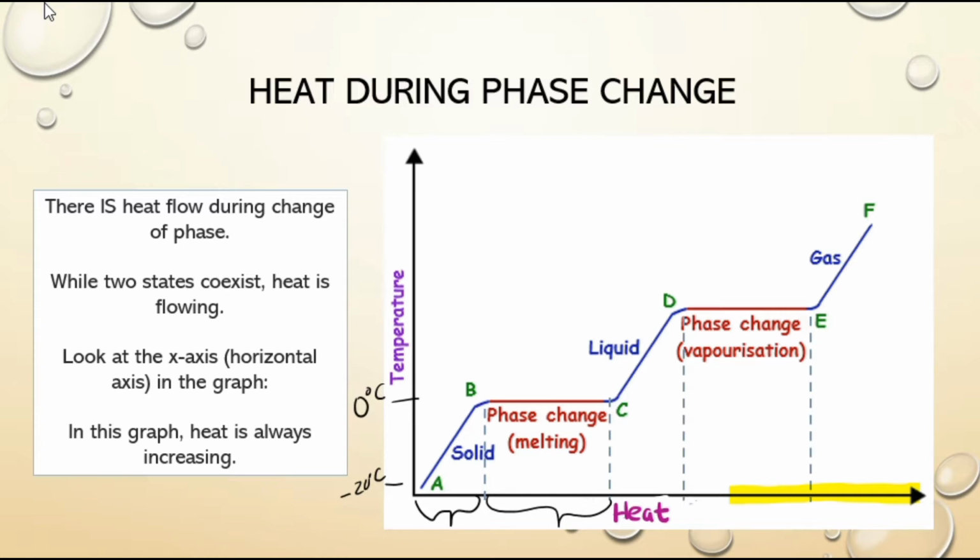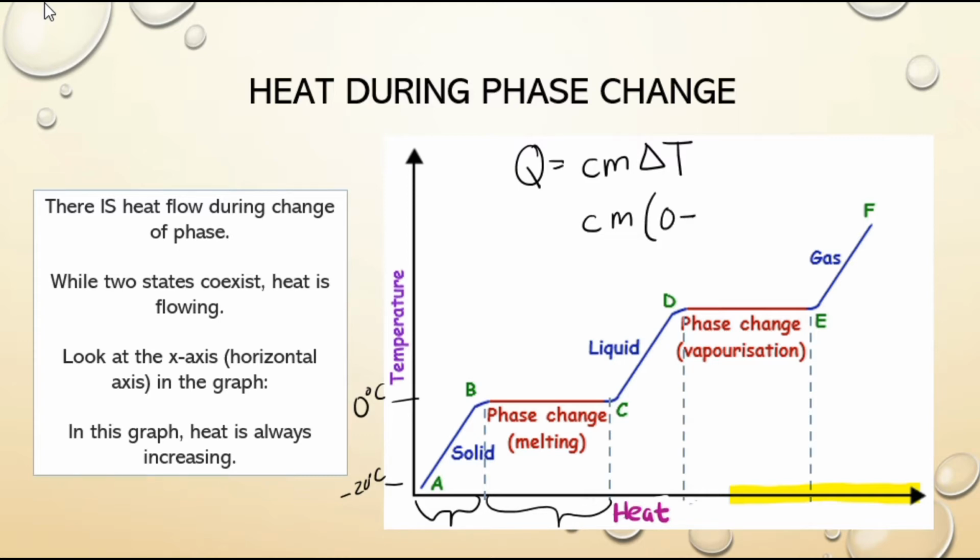The problem is between B and C, our formula is Q equals Cm delta T. So if I wanted to use my traditional specific heat formula to find the heat absorbed from B to C, I would start with C whatever it is, m whatever it is. If I'm thinking about delta T, the temperature at C is 0.